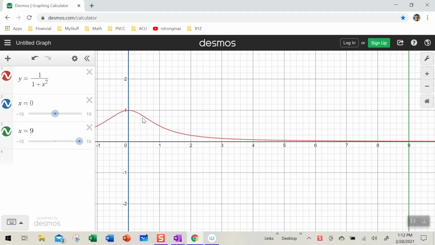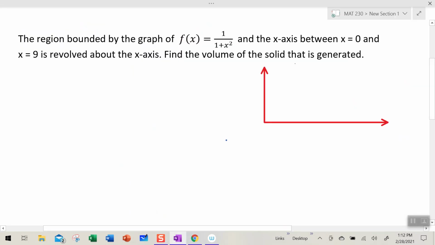Well, as always, the first thing we want to do is to go to Desmos. I already graphed this in Desmos, and this area between x equals 0 and x equals 9 is all above the x-axis. So I am going to simply draw a simple little diagram on my axes here.